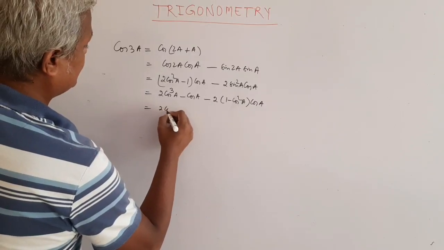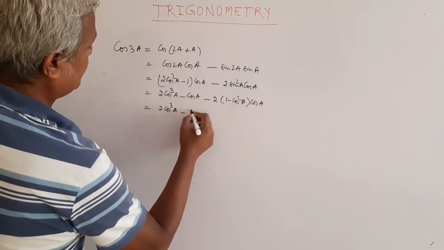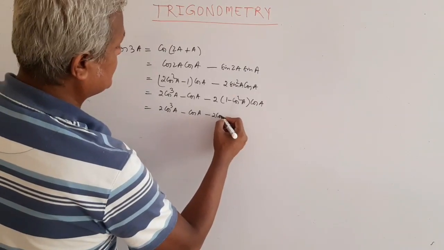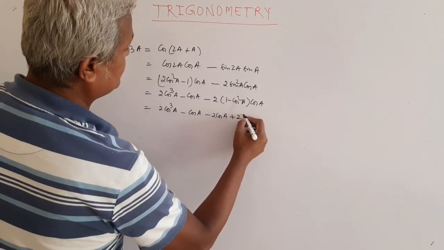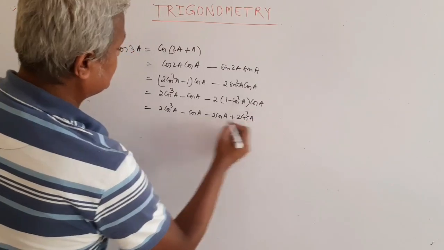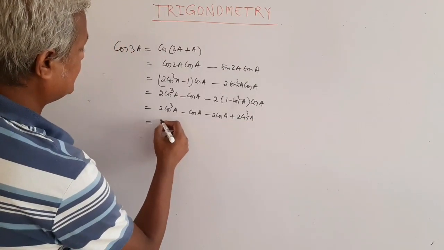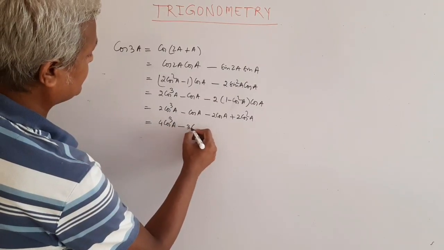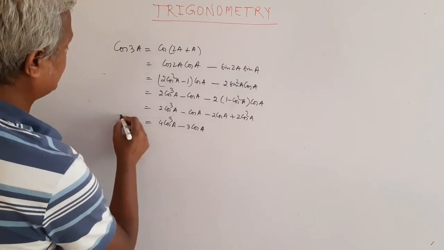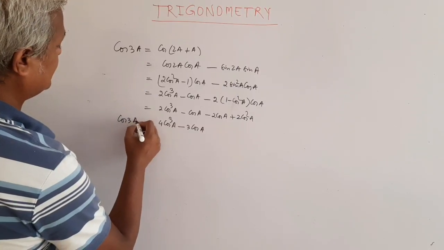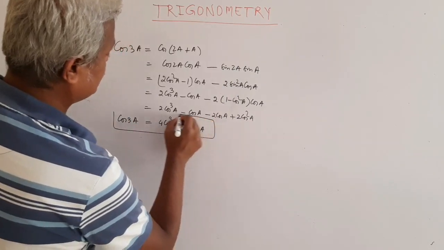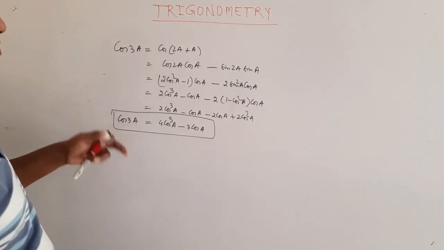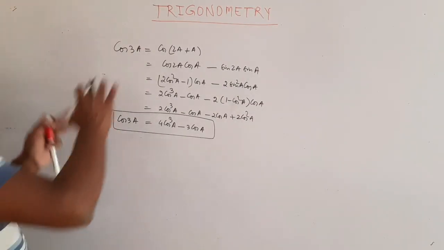So you get 2 cos cube a minus cos a minus 2 cos a plus 2 cos cube a, that is 4 cos cube a minus 3 cos a. This is the formula for cos 3a. Got it?